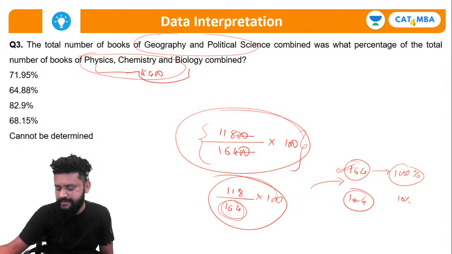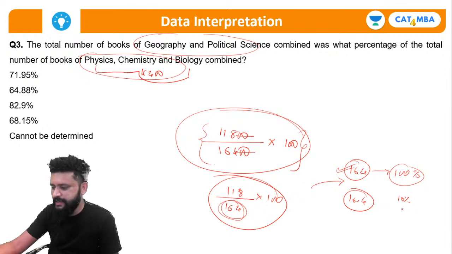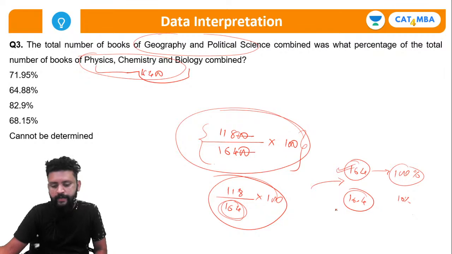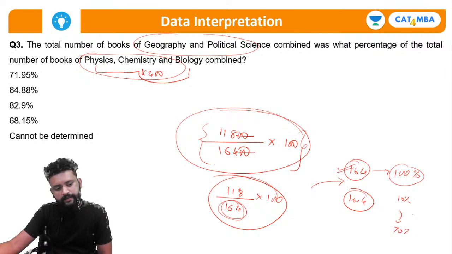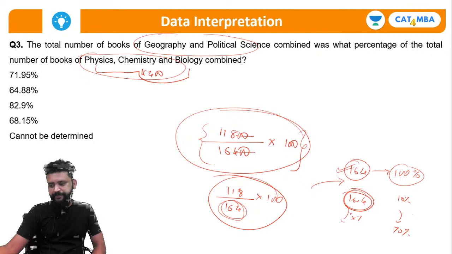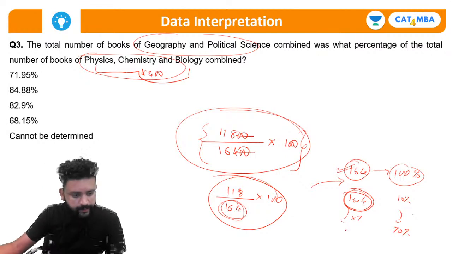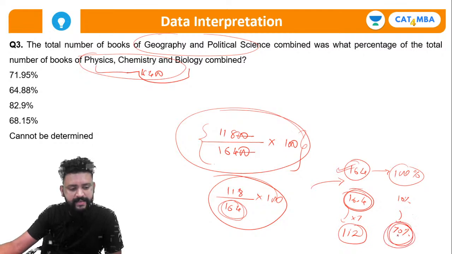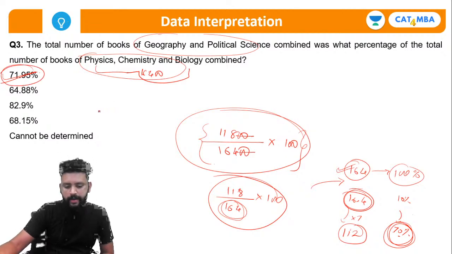That's how you can guess. It will be close to 70%. Your answer is 71. If I take 70%, the first answer option, 7 times 16 is, tables are important, guys, you should know tables. If you know tables, you will know this comes to around 112. So it will be greater than 70%. So close to that is 71.95%. That's how you can approximate.